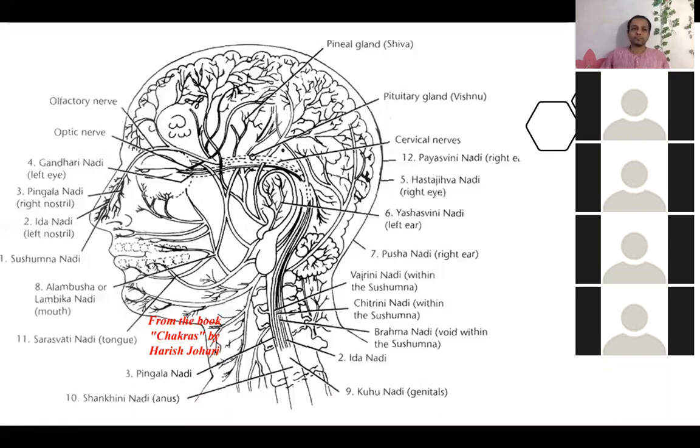So the most important nadi, of course, is the Shushumna nadi. We see here there is the Vajrini nadi and Shushumna nadi, Chitrini nadi. Brahma nadi, Ida, Pingala. They are all in the central zone. The most important is the Shushumna nadi, from which the Kundalini is supposed to rise.